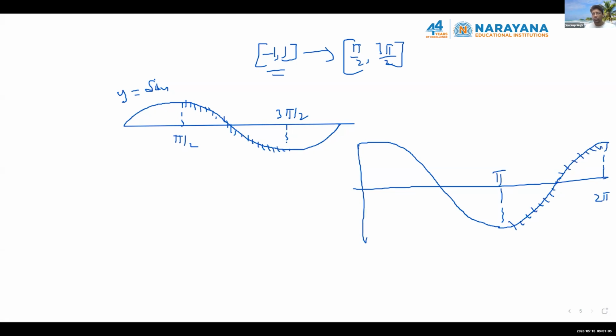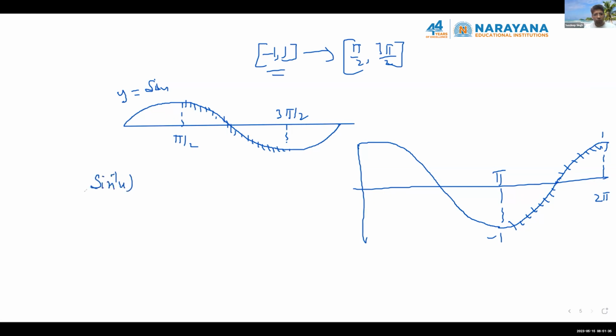And again, the domain is going to be the same for cos inverse, because at pi its value is minus 1, and at 2 pi it is 1. So if you redefine your inverse functions in this manner, then they have given one thing. Tell me what is the maximum value of sin inverse? They have defined it to be 3 pi by 2. And for cos inverse, they have taken it to be how much? 2 pi. You know? Now one more relation they have given. What is that?